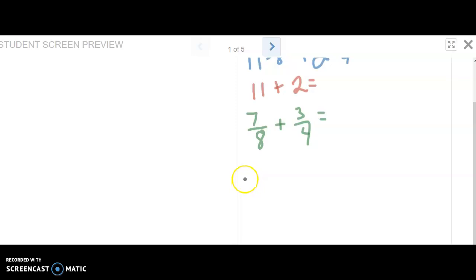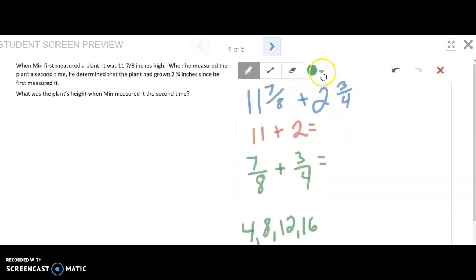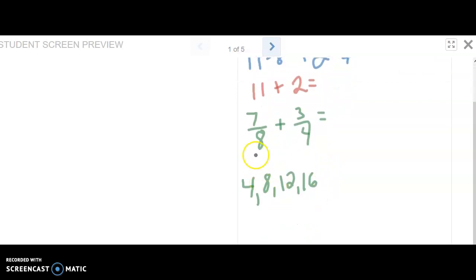So I'm actually going to go with my facts of 4s and let's list them out. 4, 8, 12, 16. Did anything hit you when I said the facts of 4s? Did you notice anything? Take a look. Did you notice this? They have a common denominator of 8.